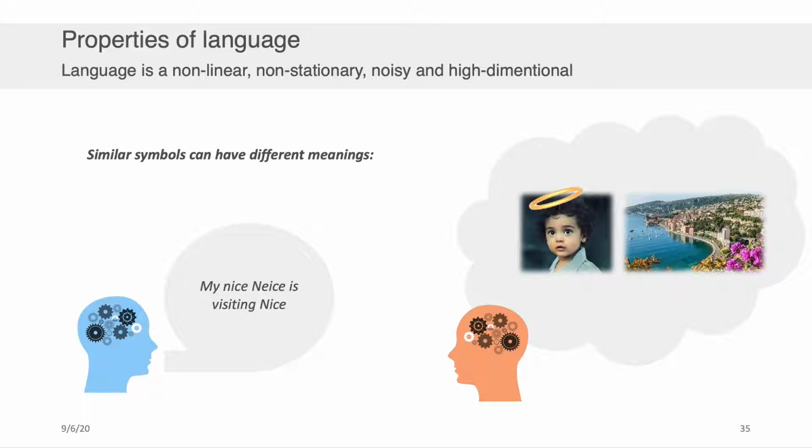So for example, in the sentence I'm showing there, my nice niece is visiting Nice. Notice that the word nice is spelled similarly to the word niece, but the word Nice, referring to the city in France, is pronounced similarly to the word niece, referring to my niece.